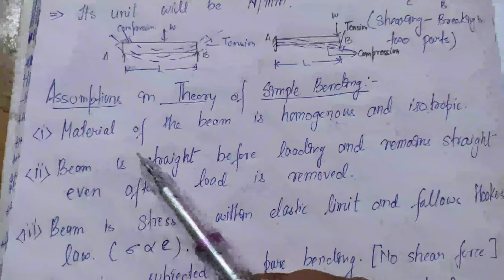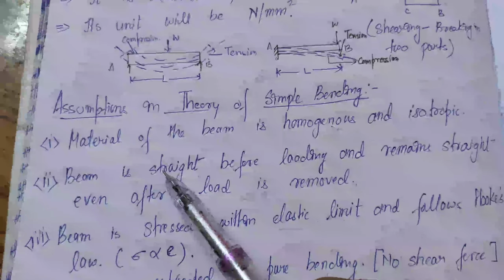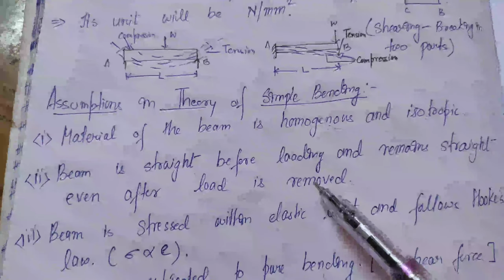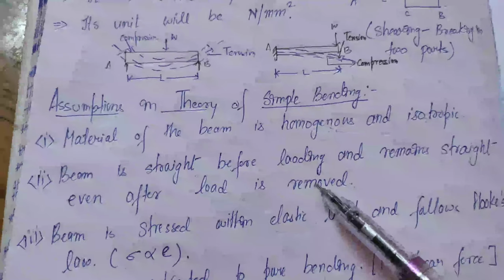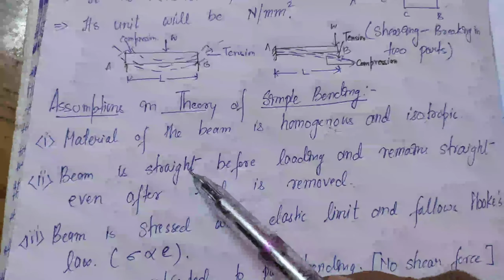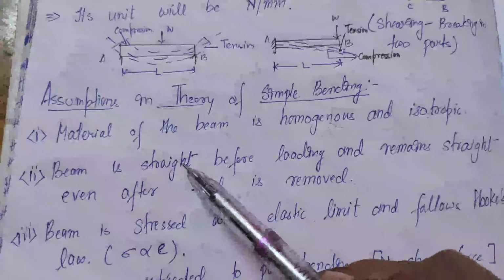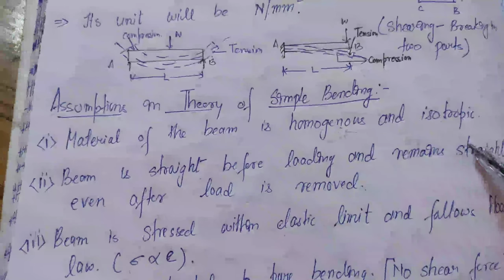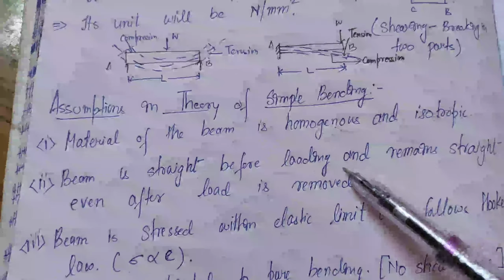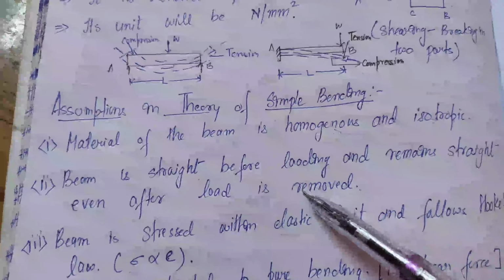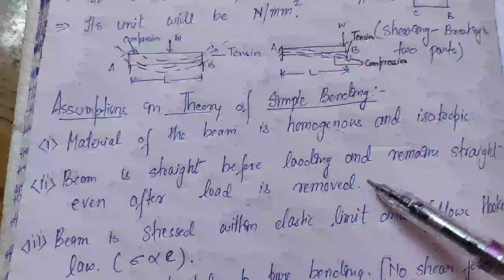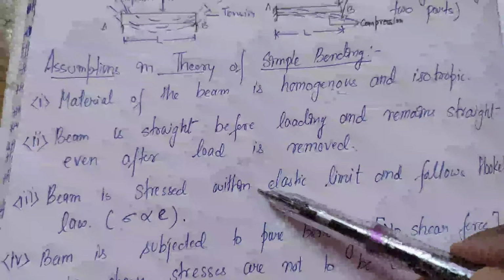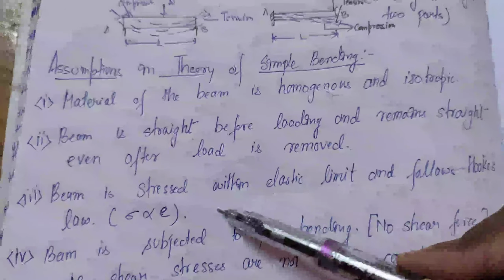Next is the beam is straight before loading and remains straight even after the load is removed. So before applying load, your beam will be straight. It won't be in a bending condition. And when you remove that load, your beam will come back and remain straight. This assumption is related to assumption number 3, which also says that it is stressed within the elastic limit and follows Hooke's law.